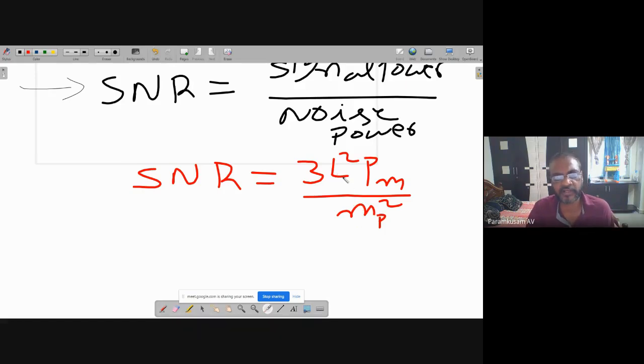L is the number of quantization levels, and that is also fixed now. Once L is fixed, suppose L is equal to 8, it is fixed; if L is equal to 256, it is fixed. So 3L² by M_P² is fixed. Actually, what is M_P² by 3L²? That is the noise power.